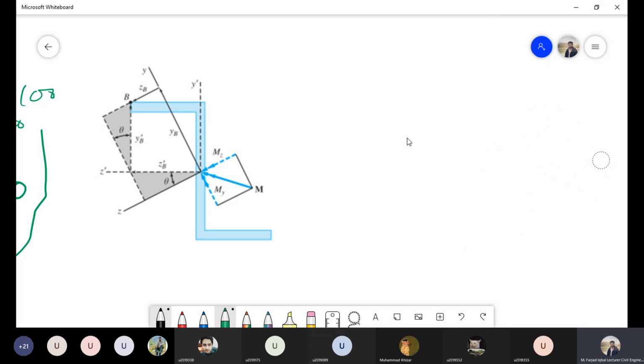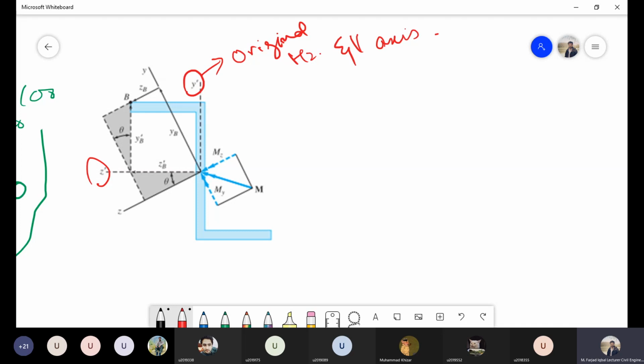Let's suppose we have this z section which I have shown in this figure. Now in this z section, this y dash and z dash are my original horizontal and vertical axes, and this y and z are my principal axes.